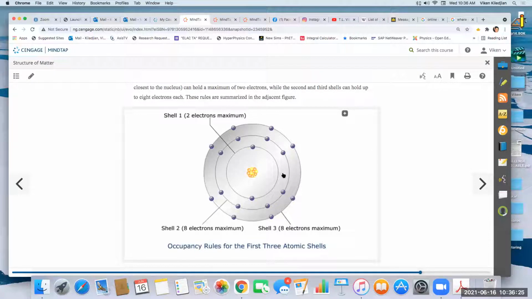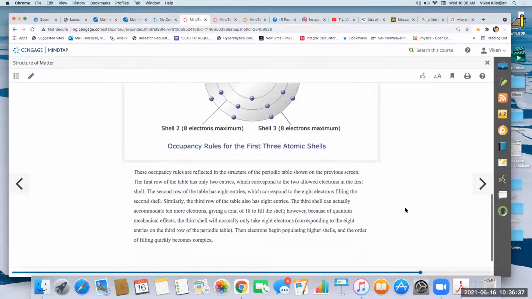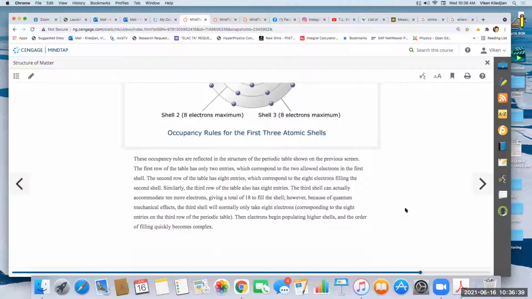These are the first 18 electrons. Let's see, 2 plus 10 plus 8, 18 electrons that you can fill in that order. Okay, so then let's go to the next one.